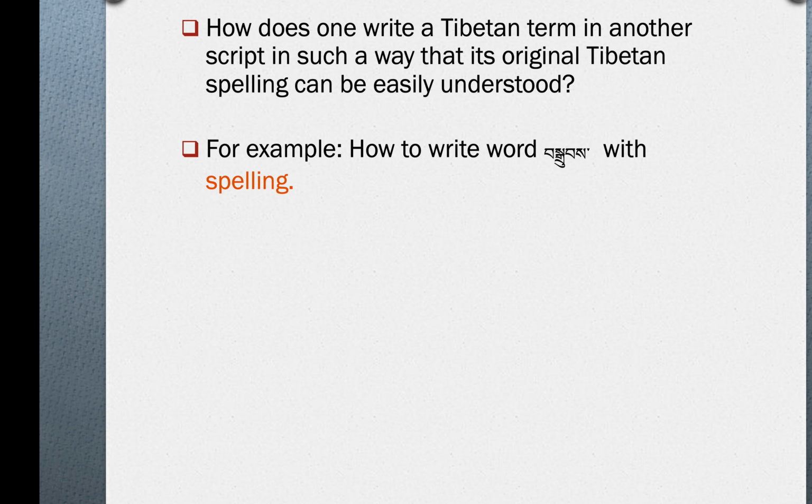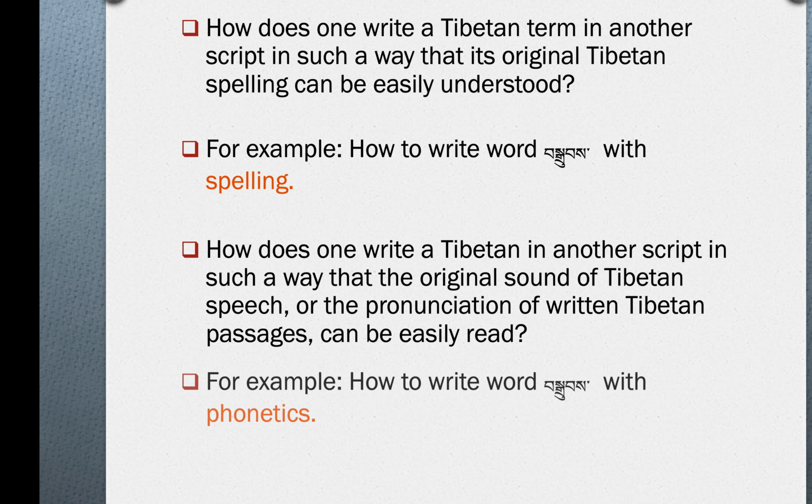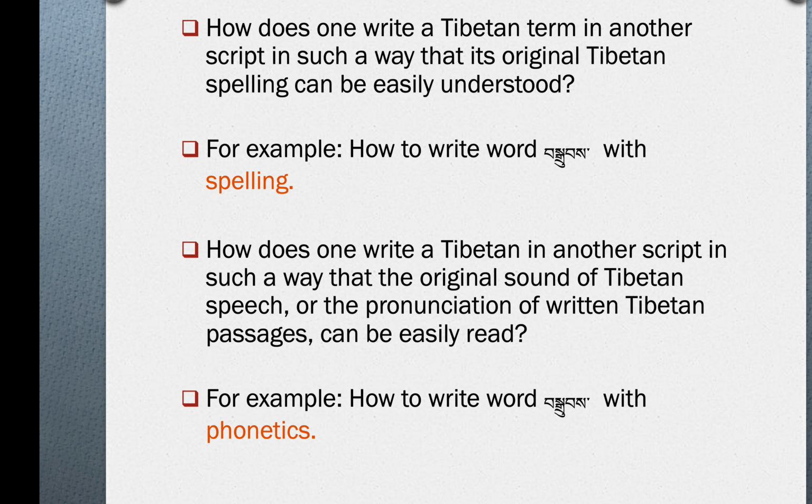Another thing would be, how does one write Tibetan in another script in such a way that the original sound of the Tibetan speech, or rather the pronunciation of the written Tibetan passages, can be easily read? In the same way, for example, po sa kata karata dashabju dub, but we are not in phonetics.